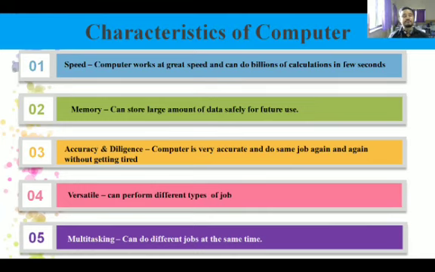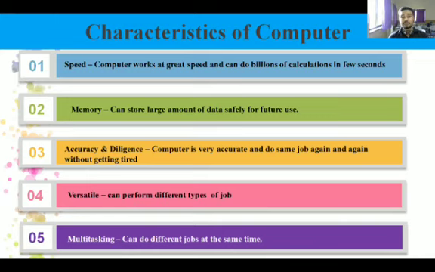Suppose I have given you 10 pages to write. The first 2 pages you will write so fast, but you cannot maintain the same speed up to the 10th page, because we get tired. A computer never gets tired. It never loses its speed, and with the same speed it can do billions and billions of operations at a time.